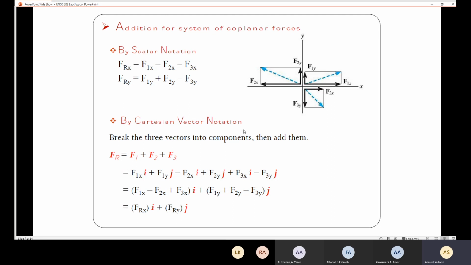The Cartesian vector notation is very important because in the next lectures, we are going to face problems that cannot be solved by the scalar notation. It's going to be very difficult to do that. It's easier to use the Cartesian vector notation.